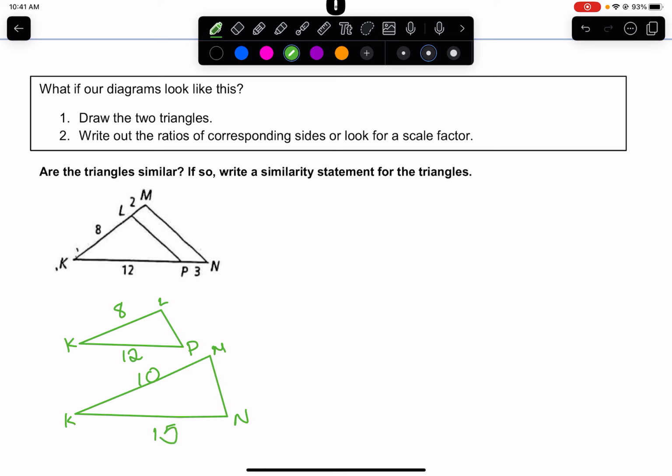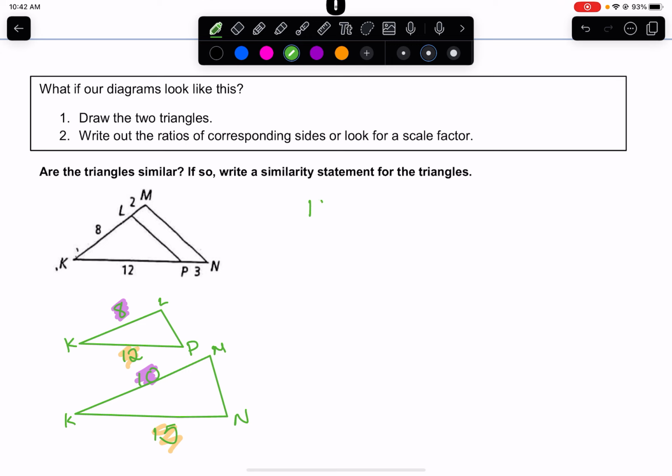So we want to determine if the triangles are similar. We have to draw the two triangles and then write out the ratios of corresponding sides or look for a scale factor, right? So if we're looking here, we know that 8 and 10 and 12 and 15. If these truly are similar triangles, we would have to check and see if the ratios are the same.